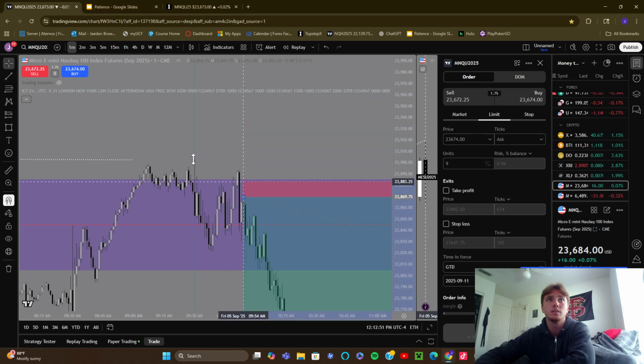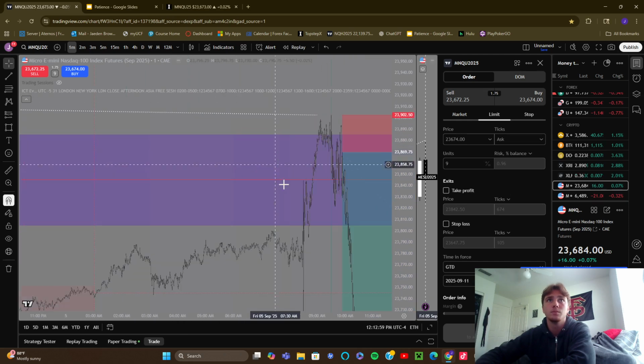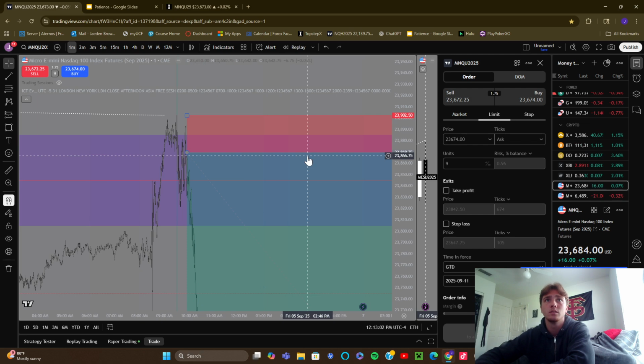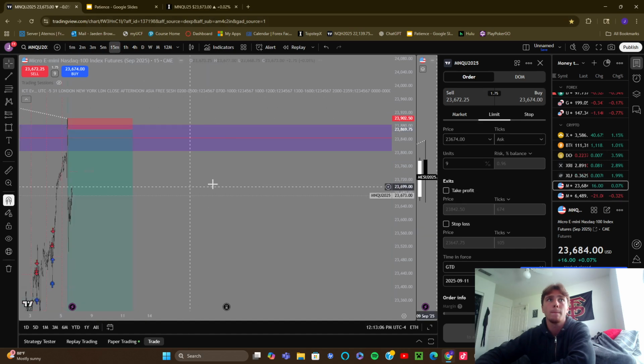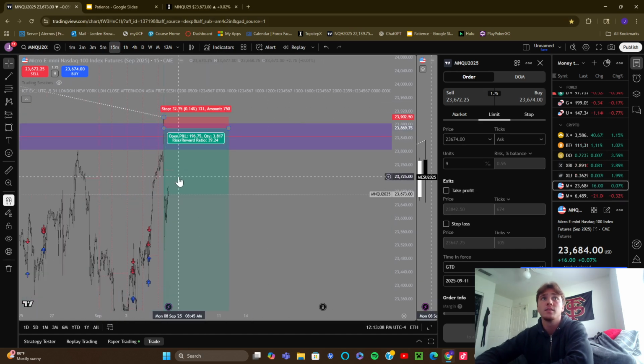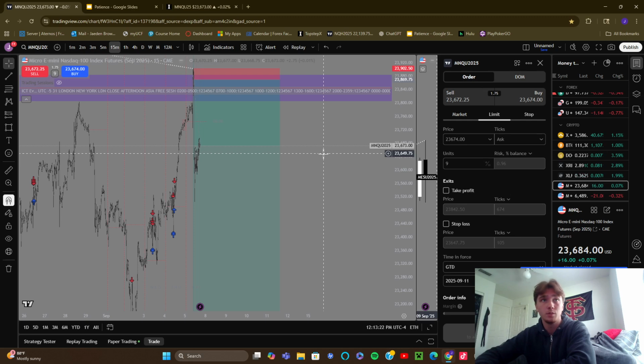So technically it only needs to be here, because I use the top of the fair value gap, but we'll do the SMT high. So going to the chart with this right now, we're at a 39 to 1 risk reward and a total of 750 points, which is insane. So that's why I think the market is going to dump for next week.